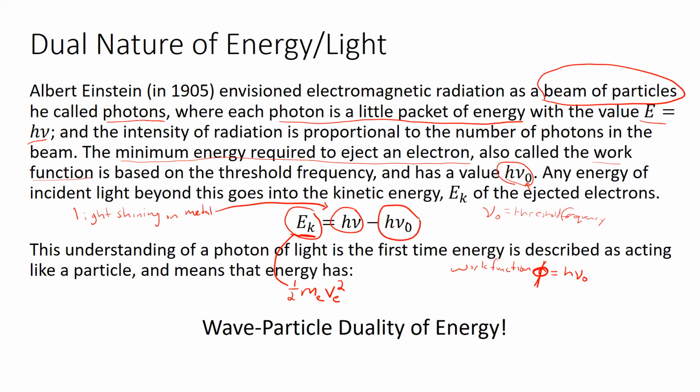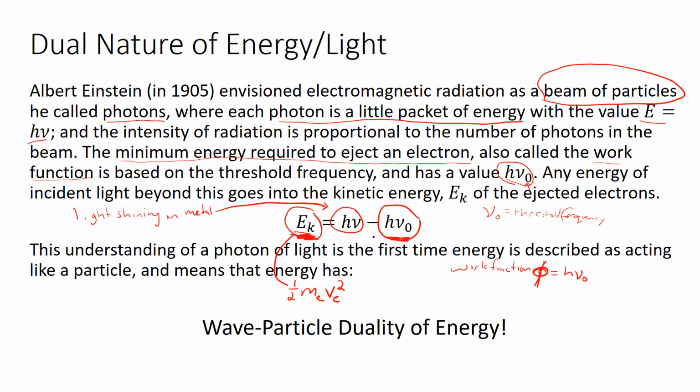And that work function is the energy that it takes to remove that one electron. And so the excess energy that the electron has, that's the kinetic energy. That's the excess energy beyond the necessary energy.